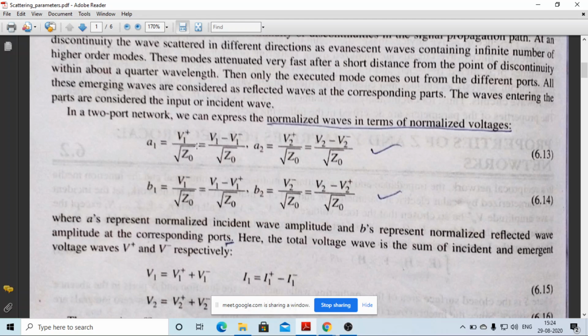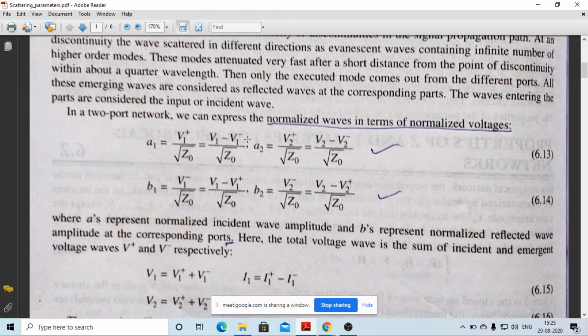This equation can also be written as V1 is equal to V1 plus plus V1 minus, because you know that V1 is called the standing wave. A standing wave means it is the algebraic sum of reflected plus incident. So incident is V1 plus and reflected is V1 minus. We can easily write that V1 is equal to V1 plus plus V1 minus.